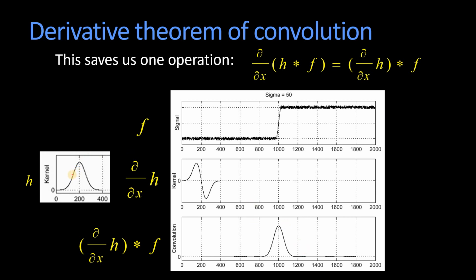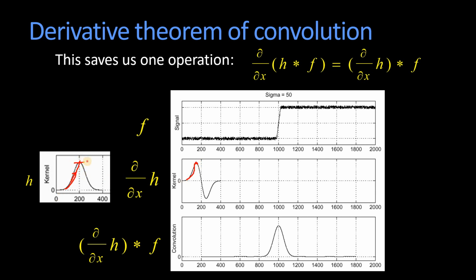So here it is. This is your kernel h, and this is interesting. You see over here the derivative of the kernel h. It looks like this. Now pause the video and think over it. Why is it like this? You see over here, you have got h. It has an increasing slope over here. When the slope is increasing, remember the derivative will be positive. Somewhere in the middle the derivative will have the maximum value, but still it is positive.